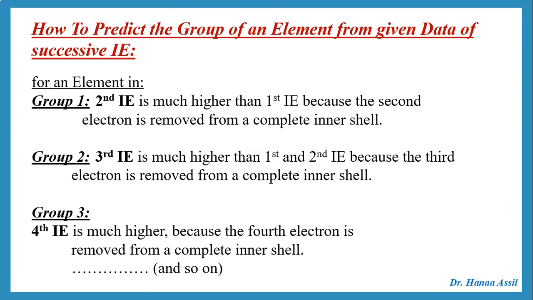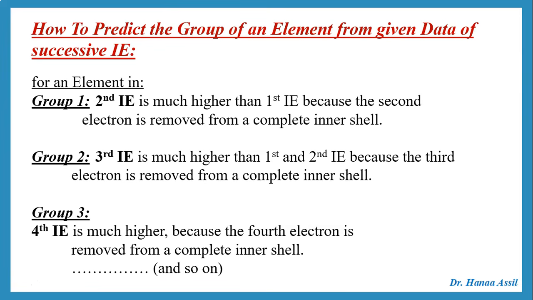Now, if the element was in group 2, the first ionization energy is a certain number because I'm removing the first electron in the outermost shell. Group 2 means it has 2 electrons in its outermost shell. The first ionization energy will remove the first electron, that's a certain amount. The second ionization energy will be slightly higher because, as we go successively, it is more and more.